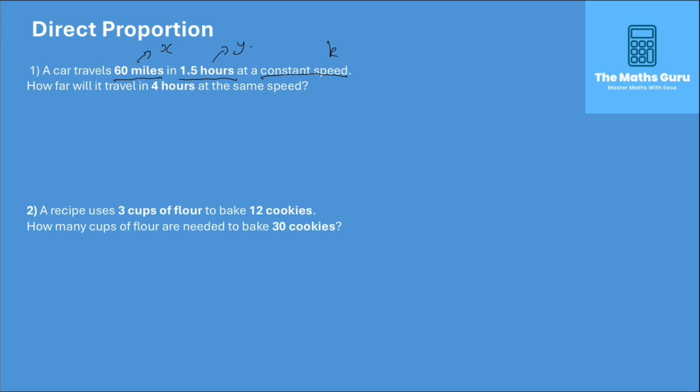Now we set up our first equation. We say x is directly proportional to y, and x equals ky, something that we looked at previously. Now we fill in our numbers that we know. So 60 is equal to 1.5k.